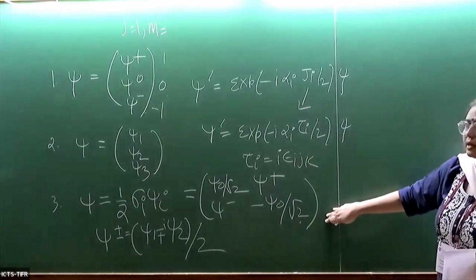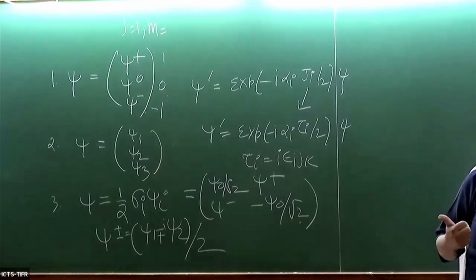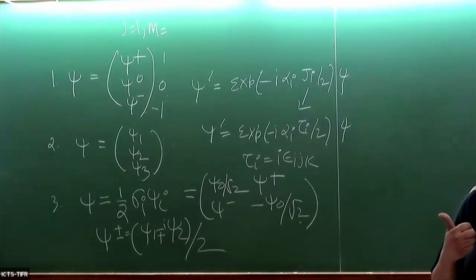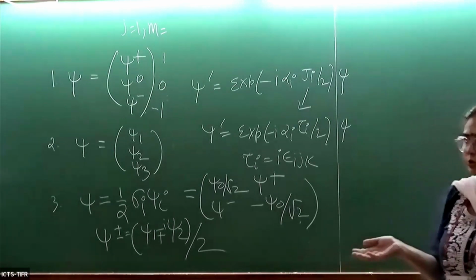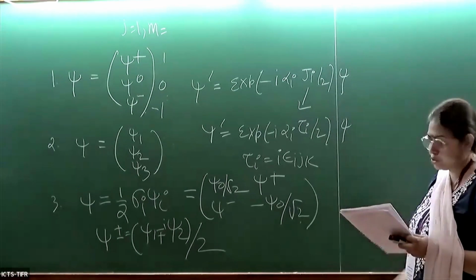So we can also represent a triplet or adjoint representation by a 2 cross 2 matrix. You must have done it, for instance, for the W bosons, where this 2 cross 2 matrix is used.